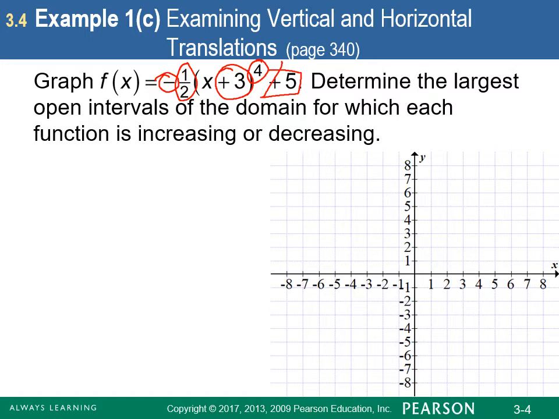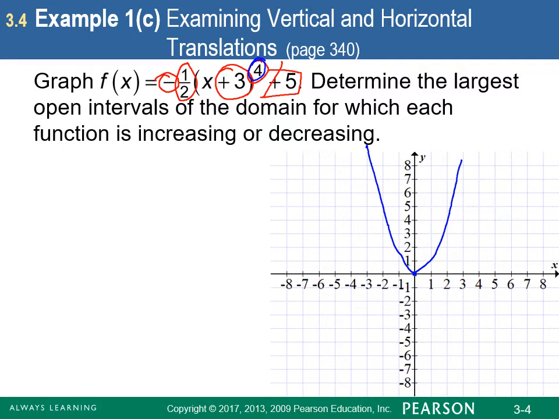However, just like we did before, we can recognize that this is a 4th degree polynomial. A 4th degree polynomial is going to be like x squared. It's going to go through the origin. It's going to curve upward on both sides of the origin.